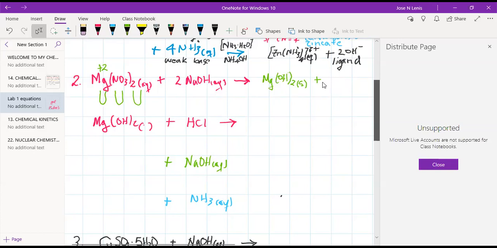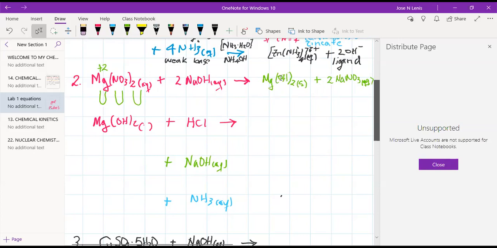So what is next? We have the nitrate here, so we should get NaNO3, the sodium nitrate, which is, of course, aqueous. All nitrates are soluble.